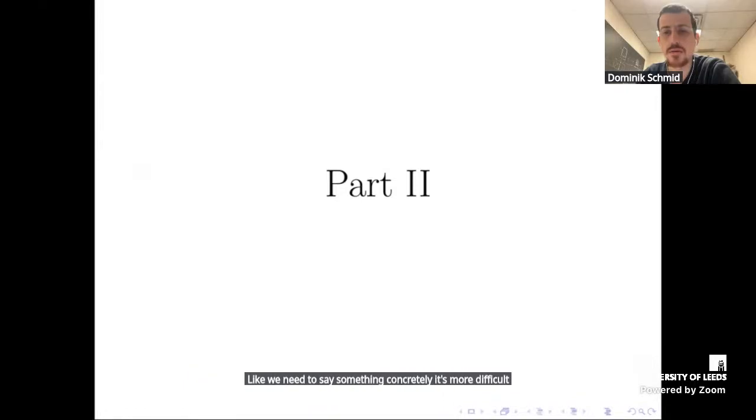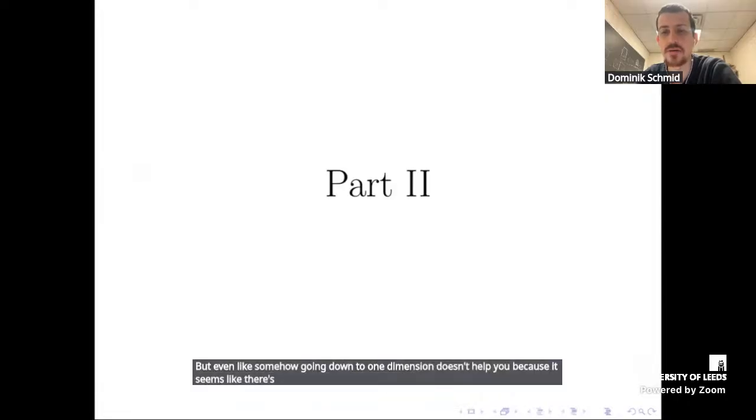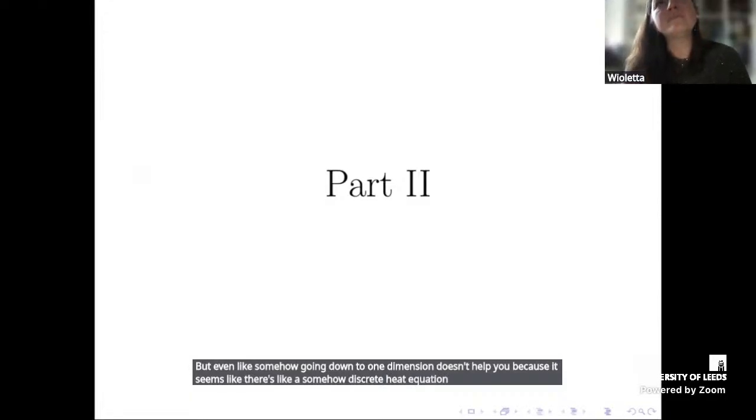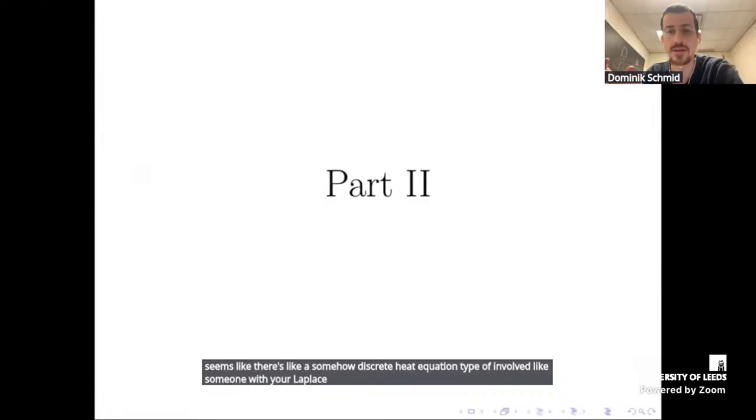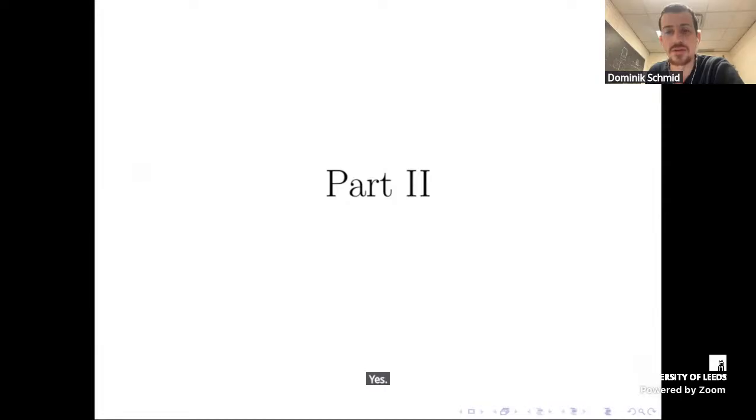But even going down to one dimension doesn't help you, because it seems like there's somehow a discrete heat equation type of thing involved, with your Laplace operator, whereas you can do asymmetric models and you would just go to Burgers' equation more or less. So even going down to one dimension, there's nothing which would help you.